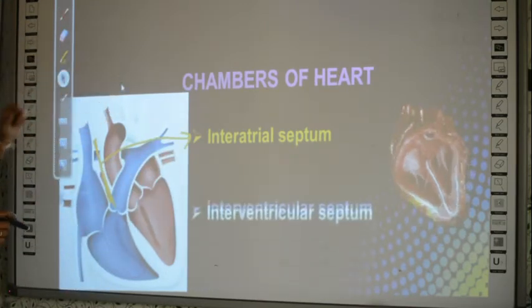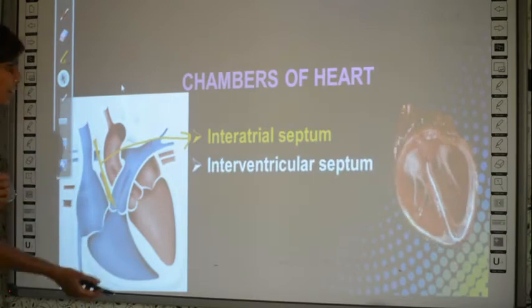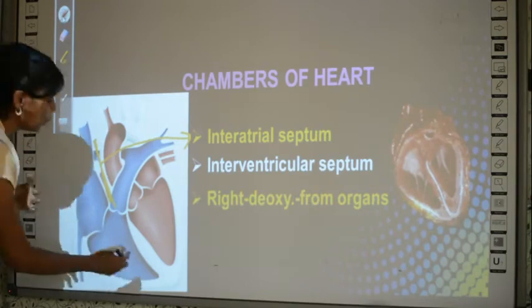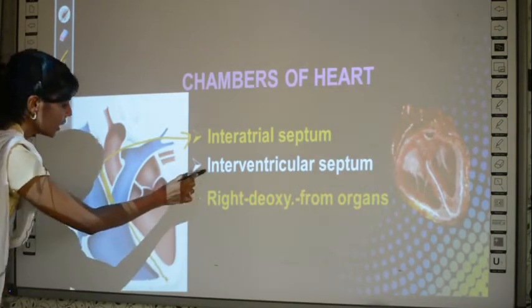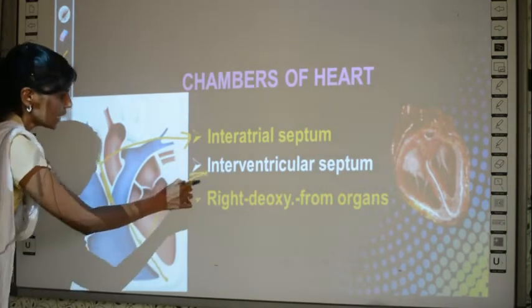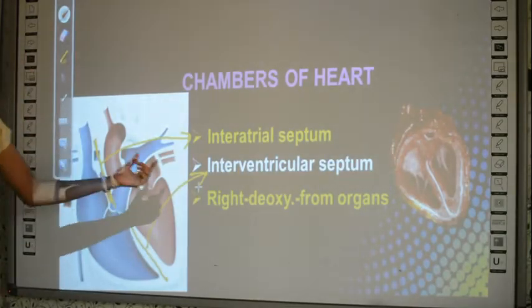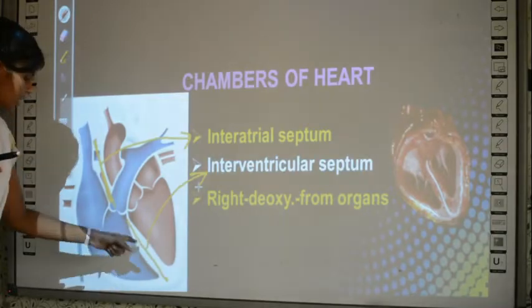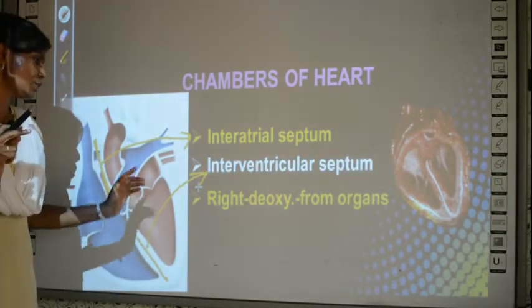And the wall which divides both the ventricles is called the interventricular septum. So interatrial septum, interventricular septum. You have two divisions of skin.